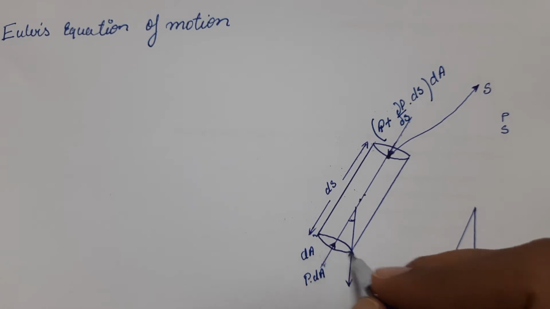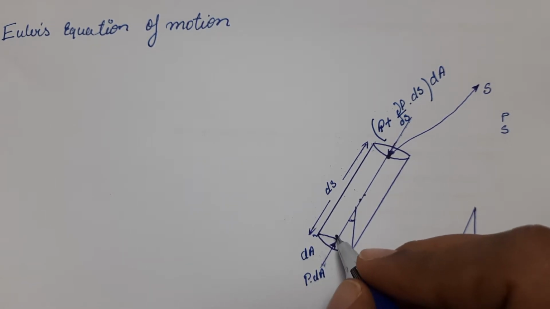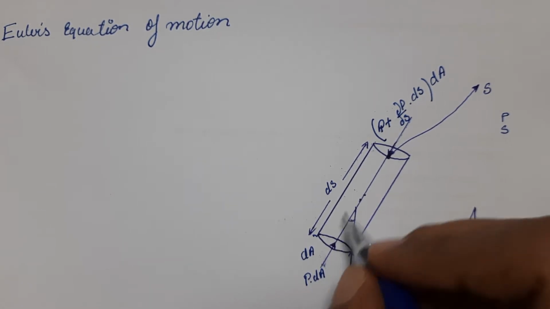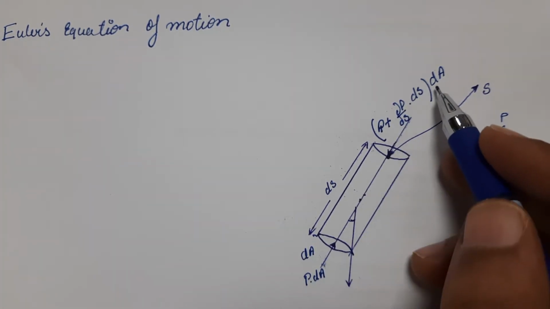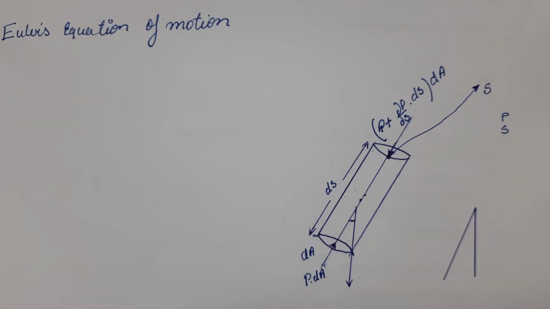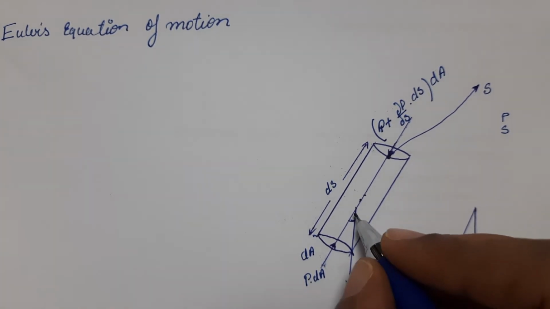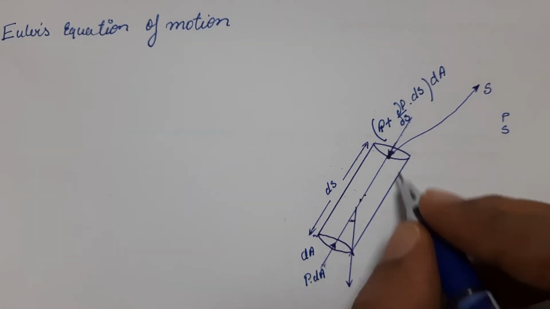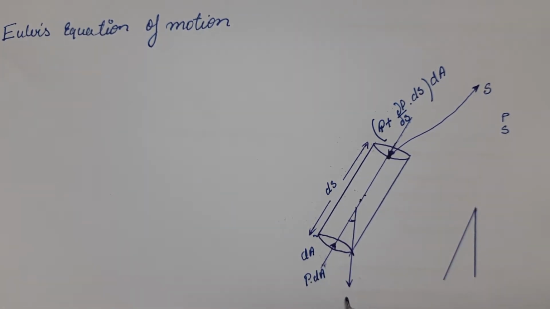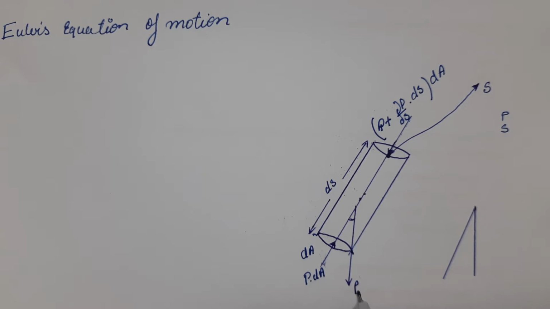Here dou P by dou S into ds is the additional pressure. And this line over here is nothing but the weight of the element. The whole weight of this element can be written as rho g into dA into ds.